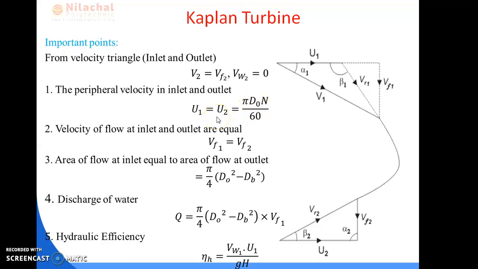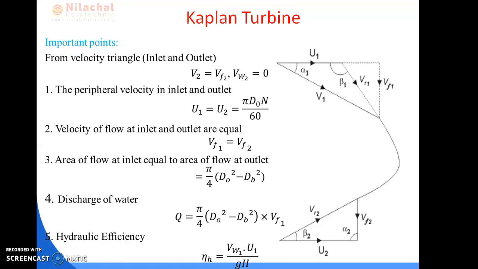The blades are uniformly mounted upon the runner, so inlet velocity is equal to outlet velocity, equal to pi D0 N by 60, where capital N is the speed of the shaft in RPM.